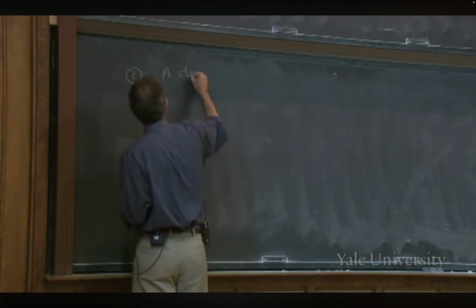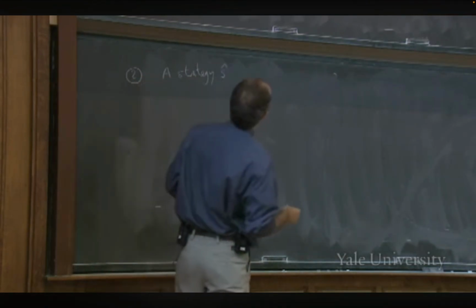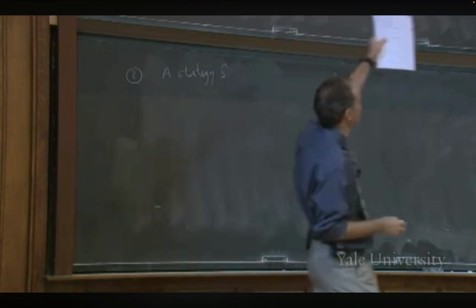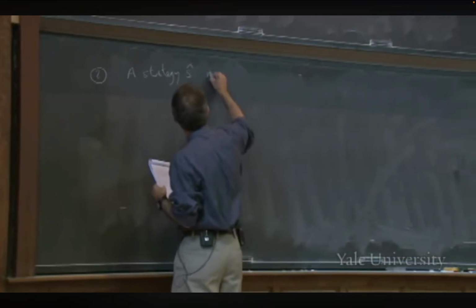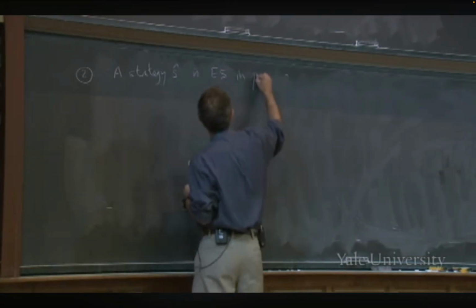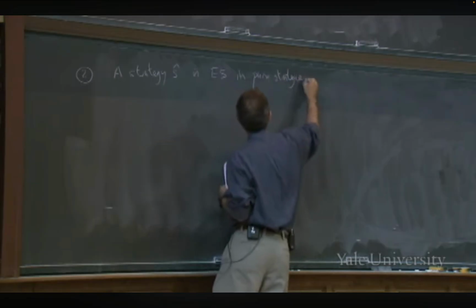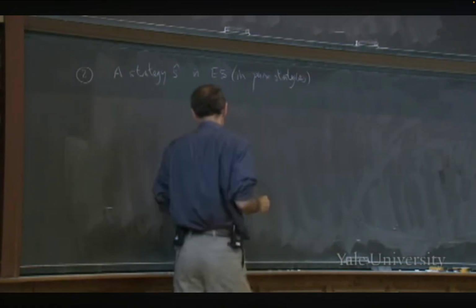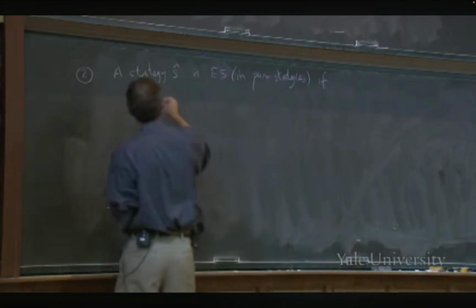A strategy S hat, oh, I should have the same qualifier, in a symmetric two-player game. Okay, same thing to start off with. A strategy S hat is ESS in pure strategies, so same as we had before, if two things.